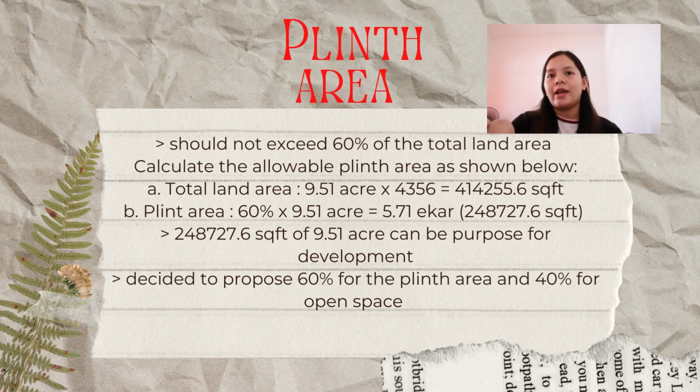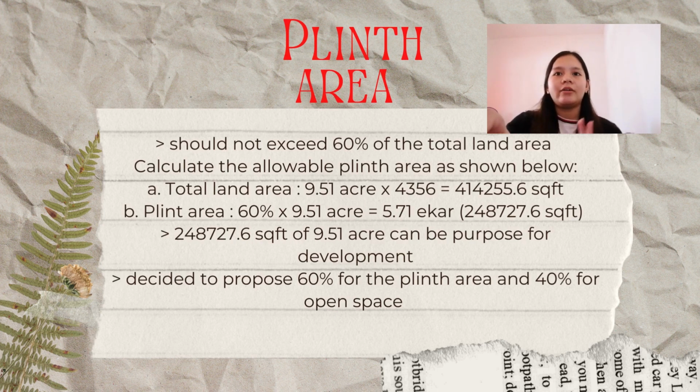How we calculate the planned area is we take 60% of the total land area. We multiply with 9.51 acres, so we get a total of 5.71 acres, or in square feet is 24,872,727.6 square feet.